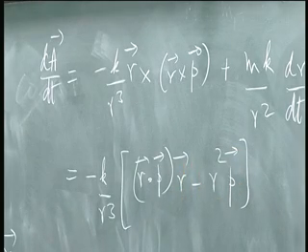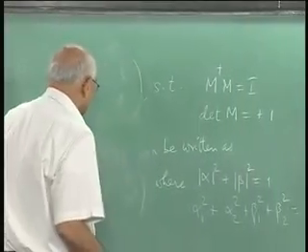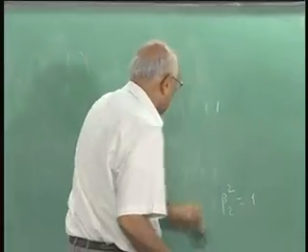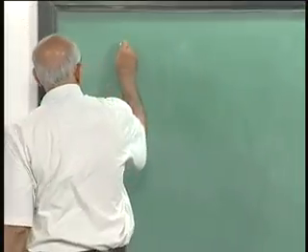By the way, how do I know that A cross B cross C is A dot C B minus A dot B C? We are on our desert island, no information, so we have to start afresh. Well, we can always write it in components and do this, but let me give you a simple argument here.